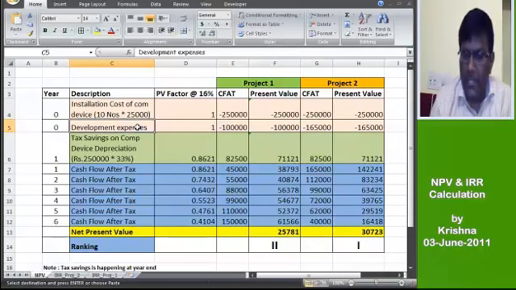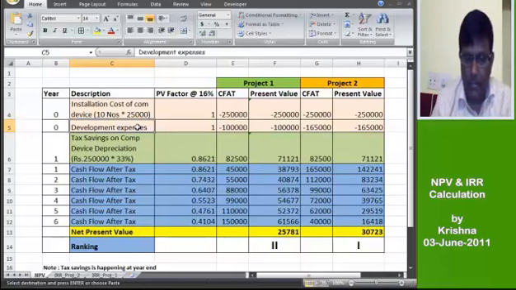As far as the depreciation is concerned, as per income tax rules, the computer device is fully depreciable in the year in which it is put to use. All the devices are put to use in the 0 year. So normally income tax savings we will get only at the year end.